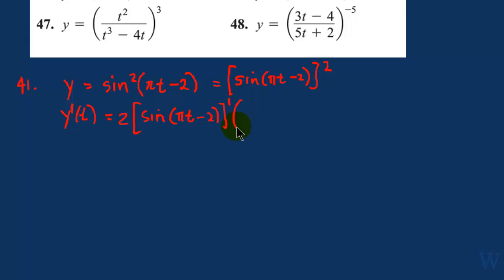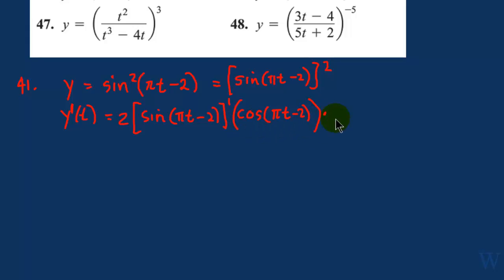And then on the inside, I'm taking the derivative of sine. So what is the derivative of sine? It's equal to cosine of whatever is evaluated in there.